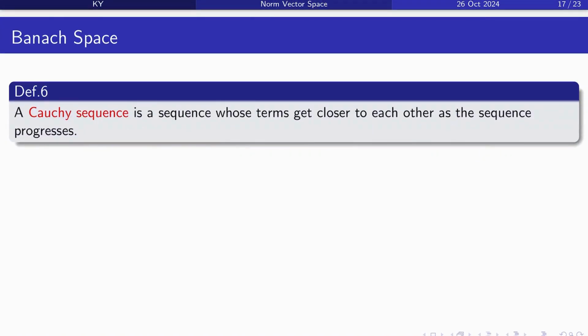So the last one is that we're going to go over Banach space. Before I dive into the details, Banach space is basically a normed linear space that's complete.